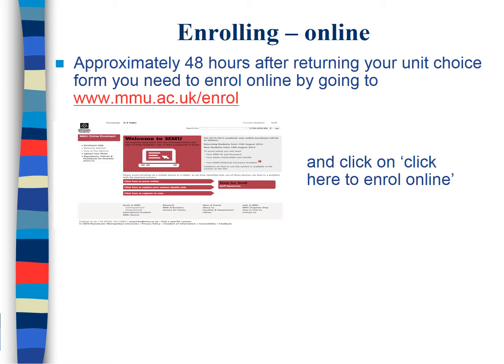Select Click here to enrol online. To proceed with online enrolment, you will need your MMU ID, which you will find on top of your admissions letter, and your password, which is initially set as your date of birth. The instructions for how this is particularly configured will be on the Enrol Online screens.